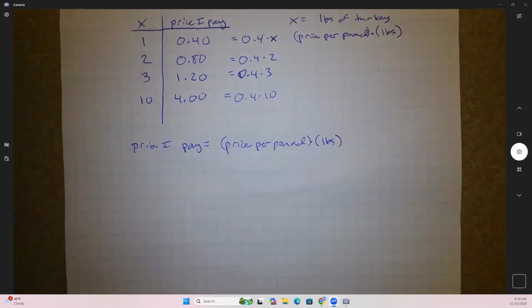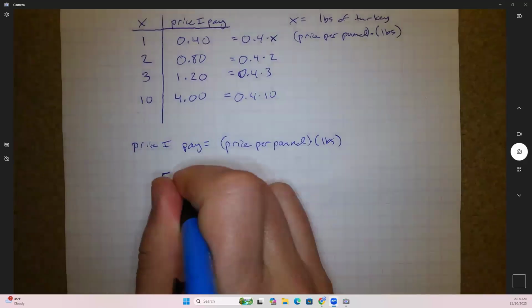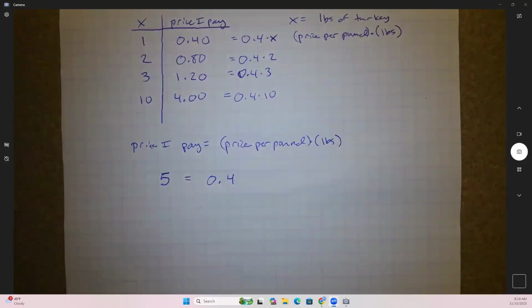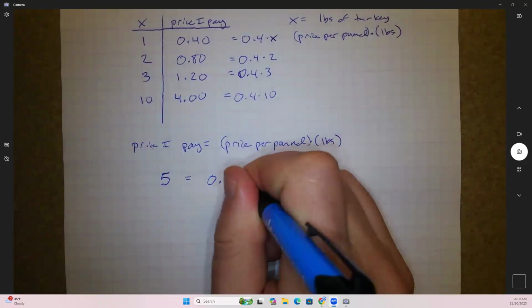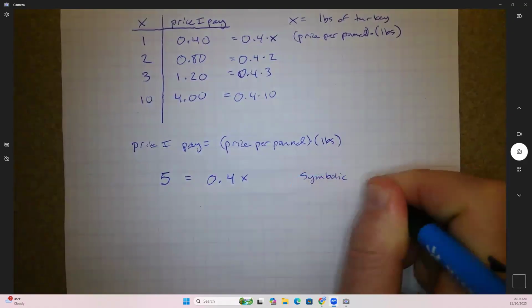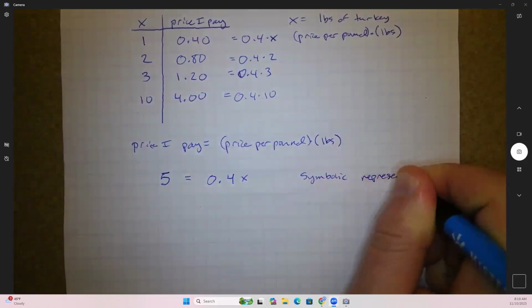And now I fill in the information that I have. The price I want to pay is $5. The price per pound is $0.4 per pound. No point in using variables for these because I know those numbers. And the pounds of turkey, that's what I don't know, that's the X. And so now I have my symbolic representation.